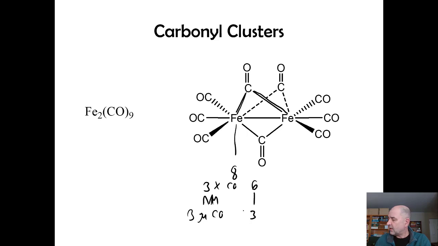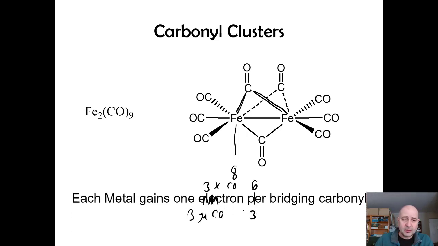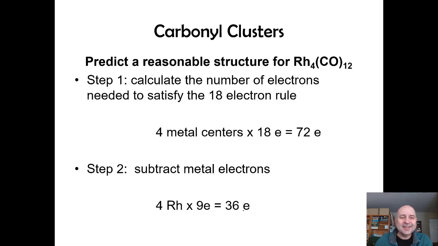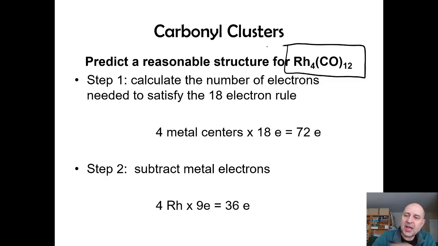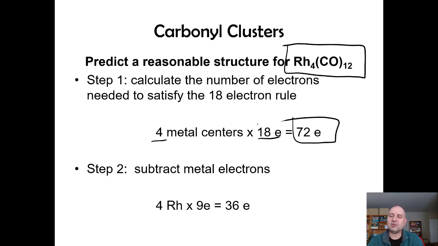This way, if I give you a formula and ask you to predict the molecular shape, you want to work this backwards. No matter what your metal is, you always start by taking the number of metals times 18, which gives you the total number of electrons required for this cluster.